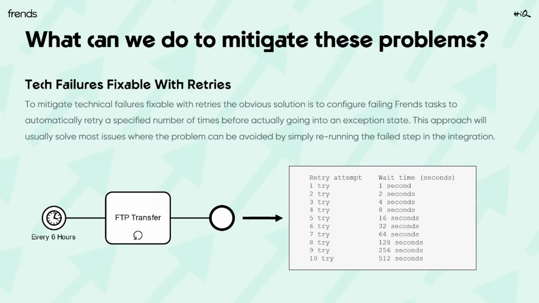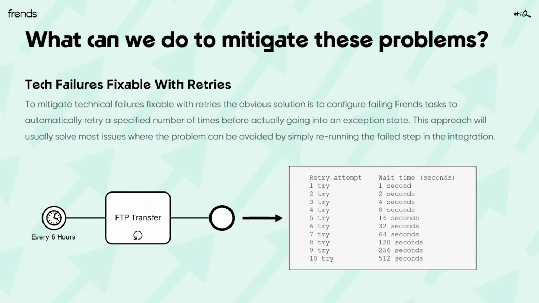But what the retry functionality actually does is that you're probably familiar with how the Friends tasks and basically integrations operate, in that all of the different functions that we execute within our integration process can either end in a success state, which is of course green because green is good, or in an exception state, which is of course then displayed as red in the user interface.